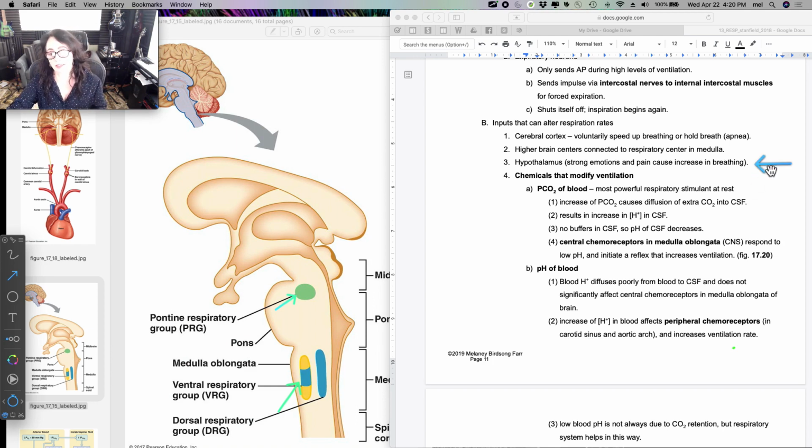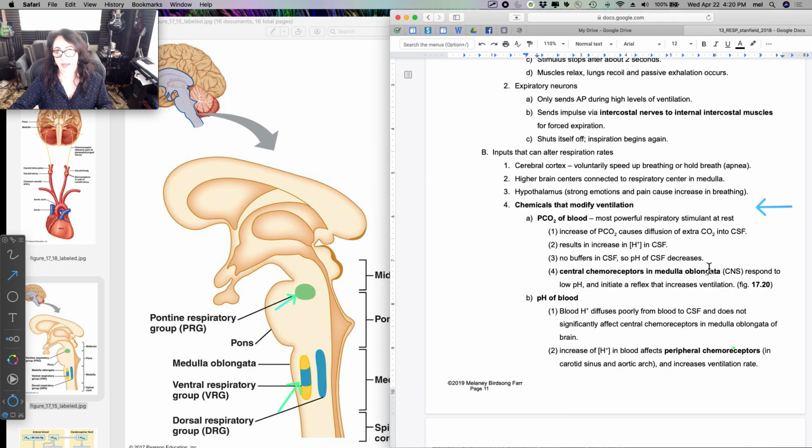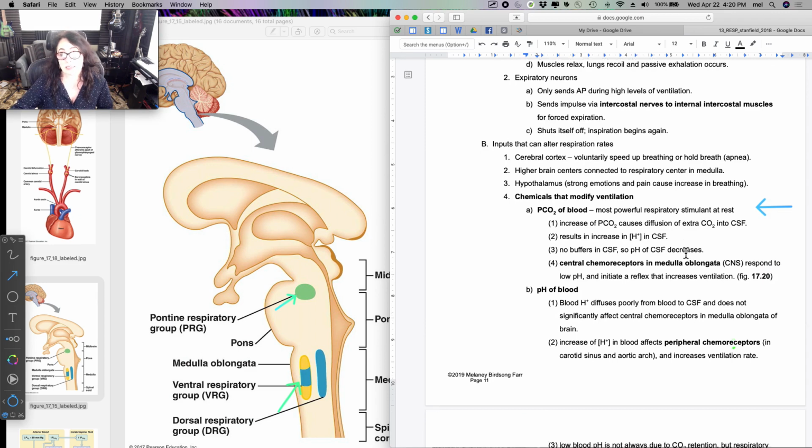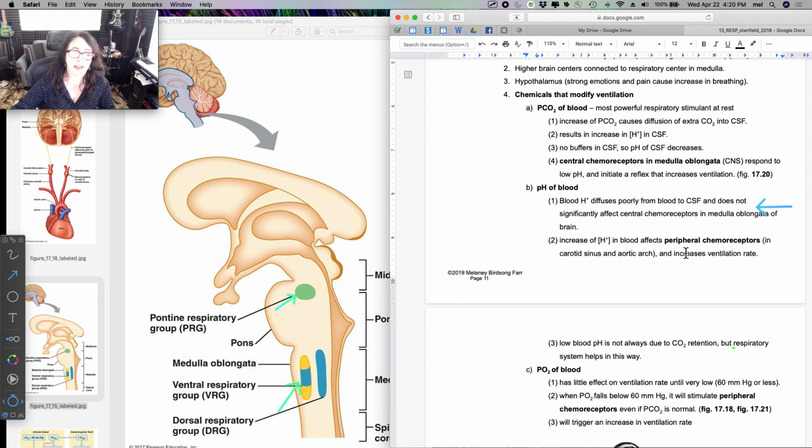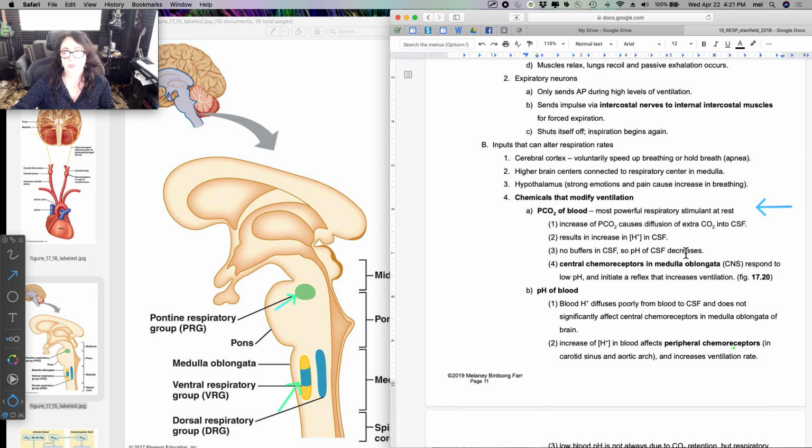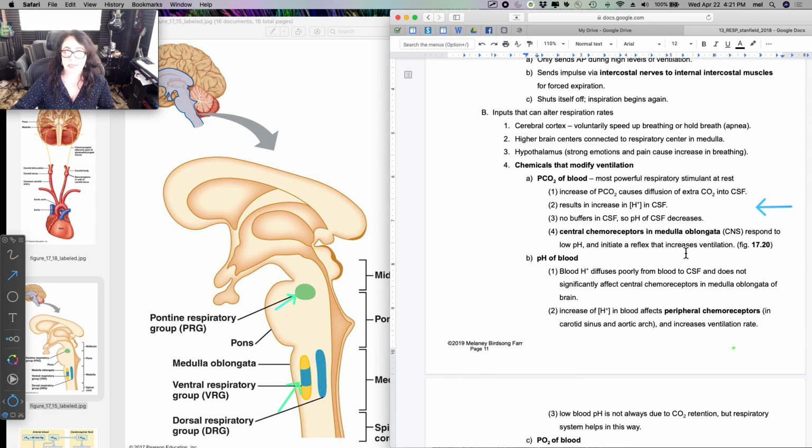So not surprisingly, the things that you are going to be monitoring are similar to things that you've looked at before. You are going to be monitoring the PCO2 of the blood, the pH of the blood, and the PO2 of the blood. So the PCO2 is interesting.